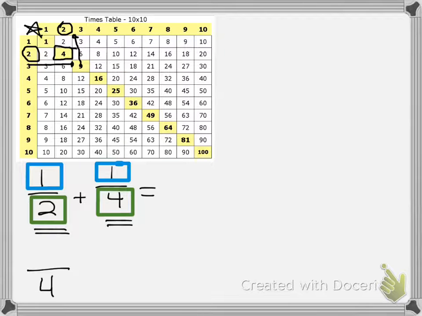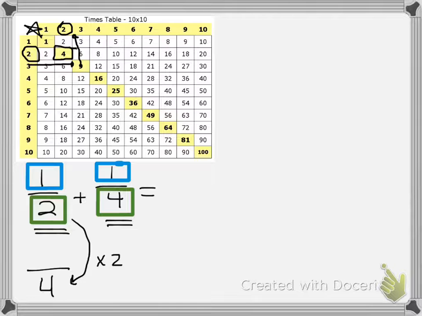And what this is basically telling me is that 2 times 2 equals 4. So when I did that, I multiplied 2 times 2 to get 4.